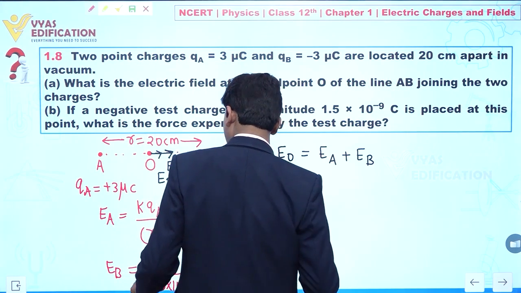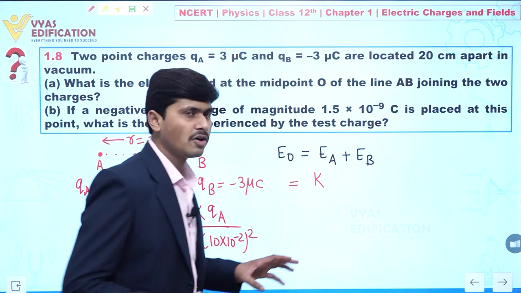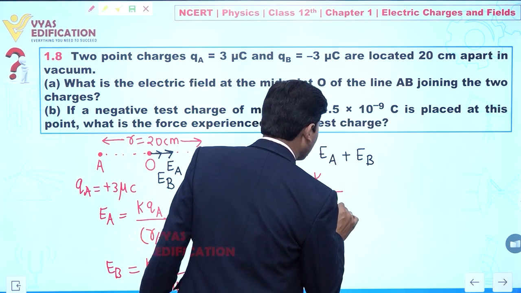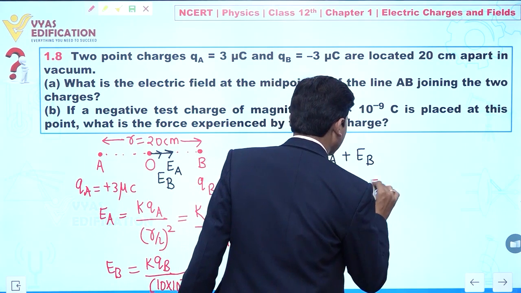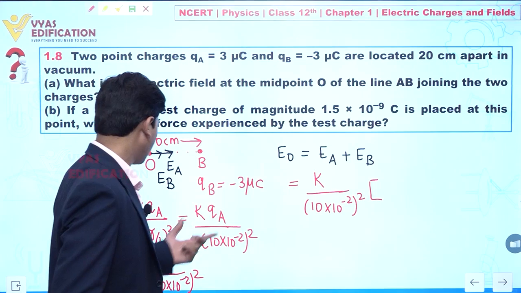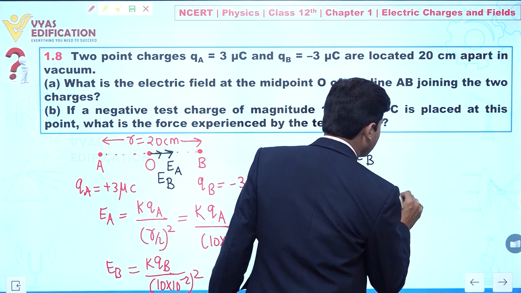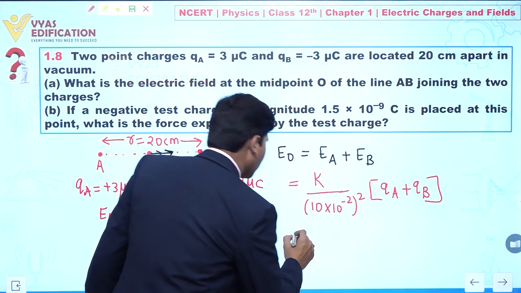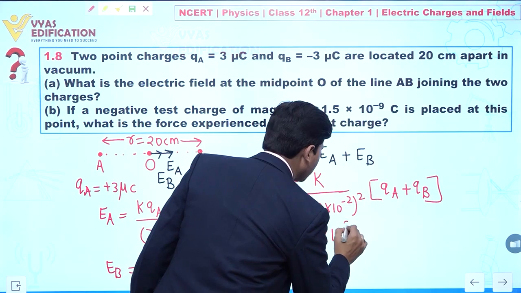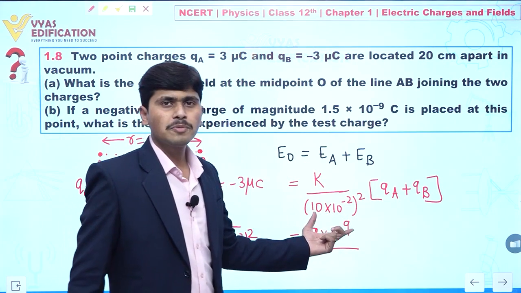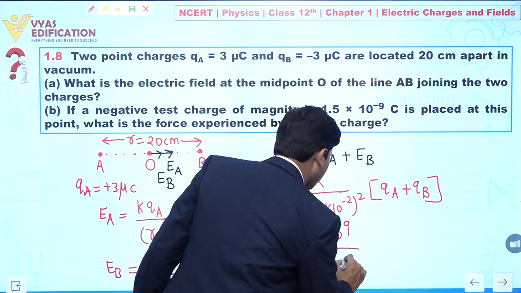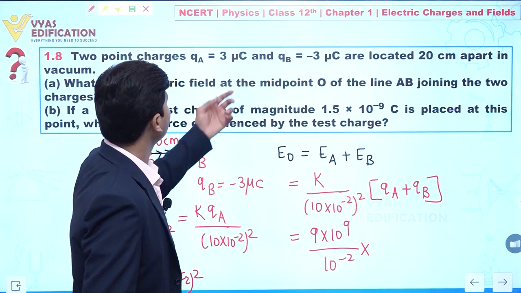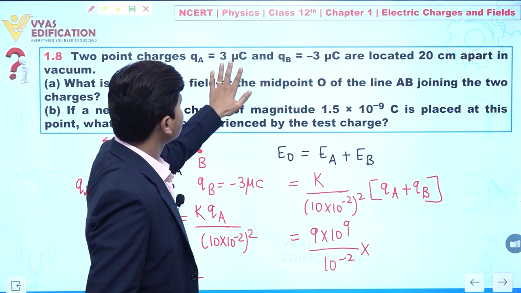So the net field is K divided by 10 into 10 to the power minus 2 whole square, and in the bracket we have QA plus QB. Now we put the value: 9 into 10 to the power 9 divided by 10 to the power minus 2, multiplied by QA plus QB. QA is 3 microcoulomb.